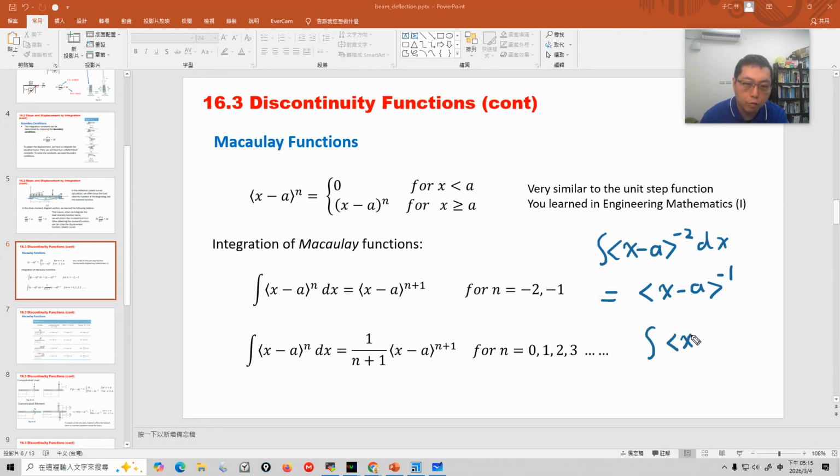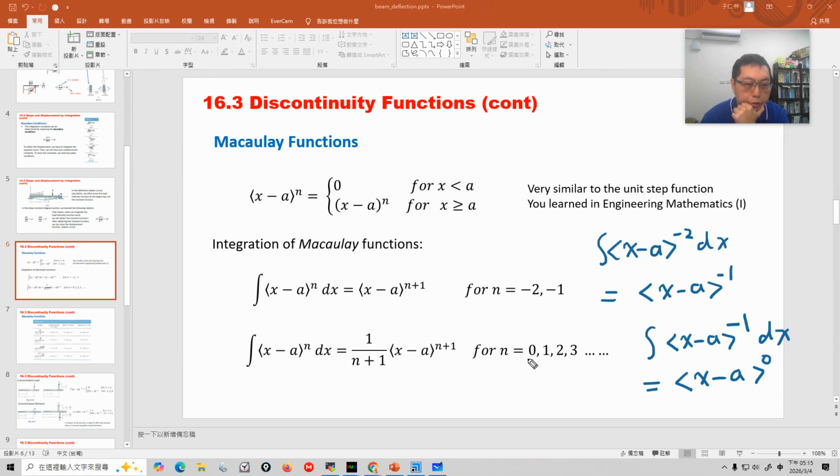If you integrate x minus a to the power -1, that is just equal to x minus a, adding 1 to the power, which is 0. That's when your n is -2 or -1, that's the integration rule here.